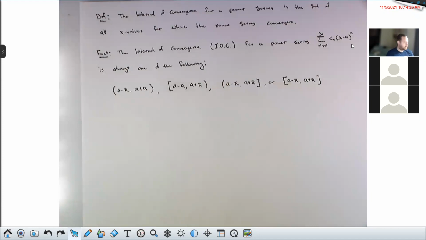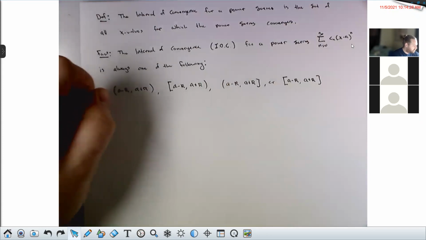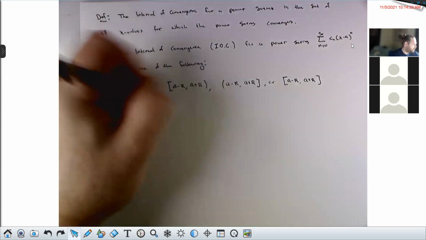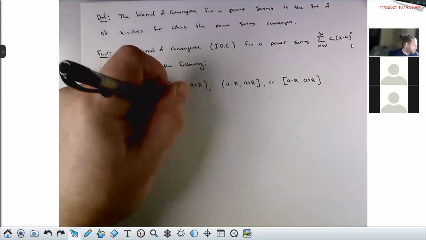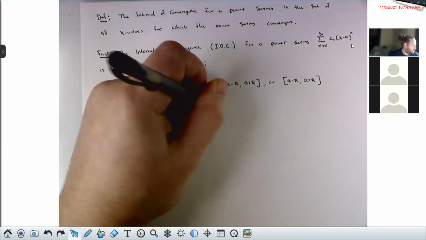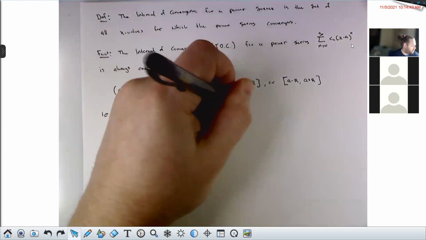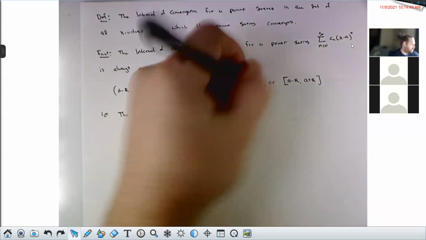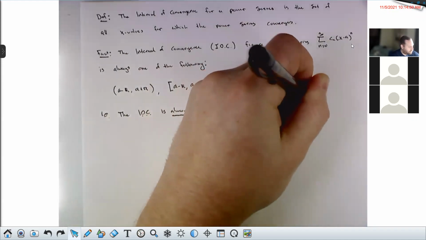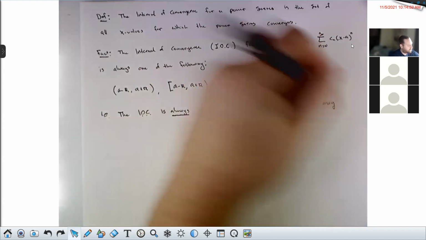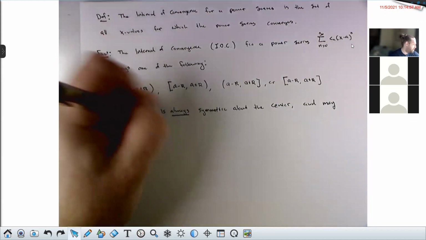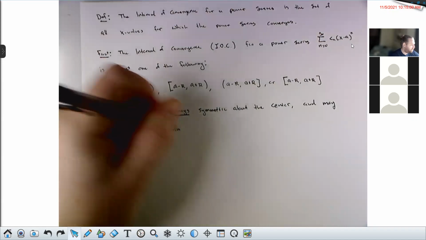It's always, in other words, the interval of convergence is always symmetric about the center. And may or may not contain either endpoint.